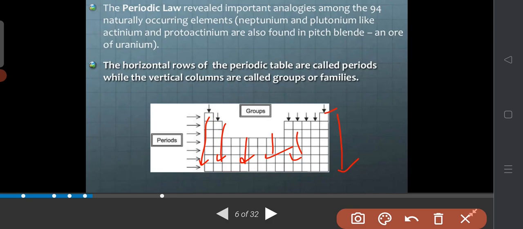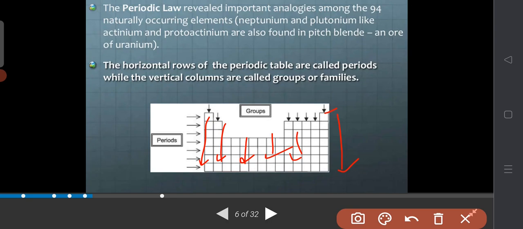The table is divided into blocks of elements, because they have different kinds of configuration. If the outermost or valence shell electron is present in the s orbital, they are called s block elements.